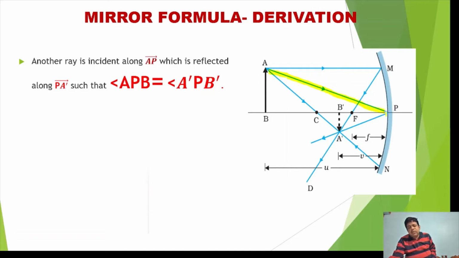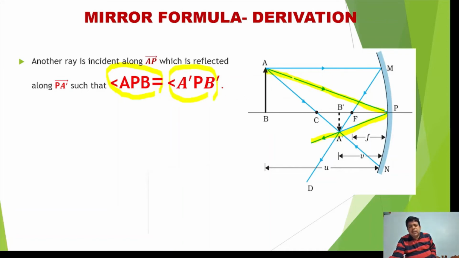This is another incident ray AP, and it is made to fall on the mirror at the pole. And after reflection it passes along PA dash, such that angle APB is equal to angle A dash PB. Understand?